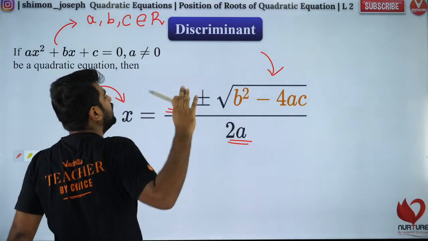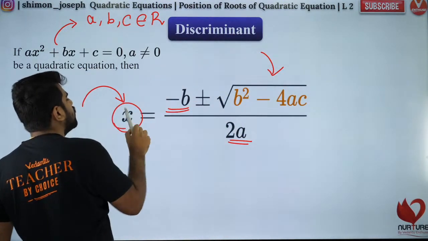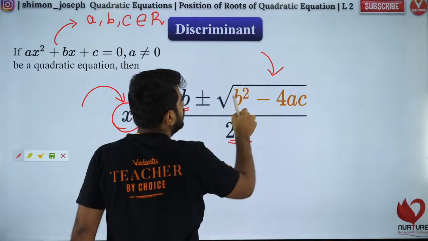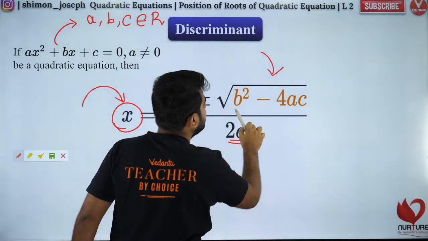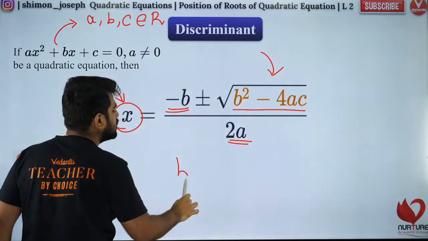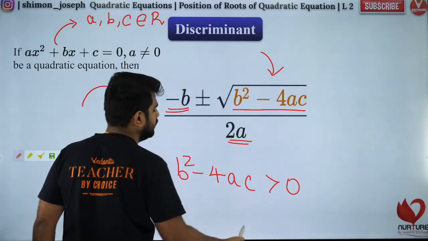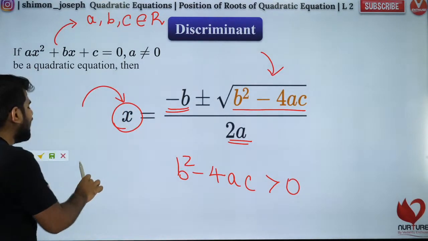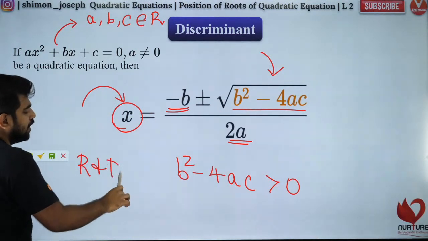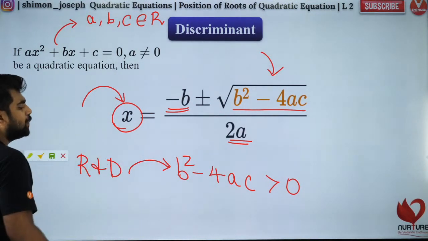If the square root has to be defined, b square minus 4ac should be positive. So you will have real and distinct roots when your b square minus 4ac is positive.